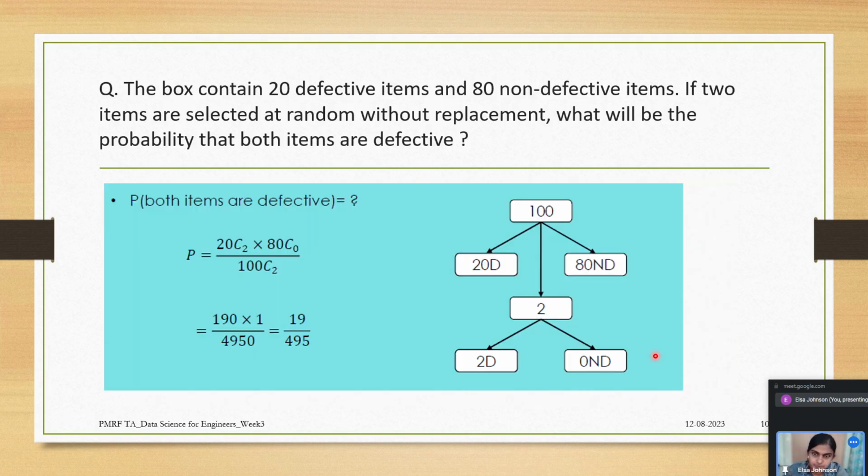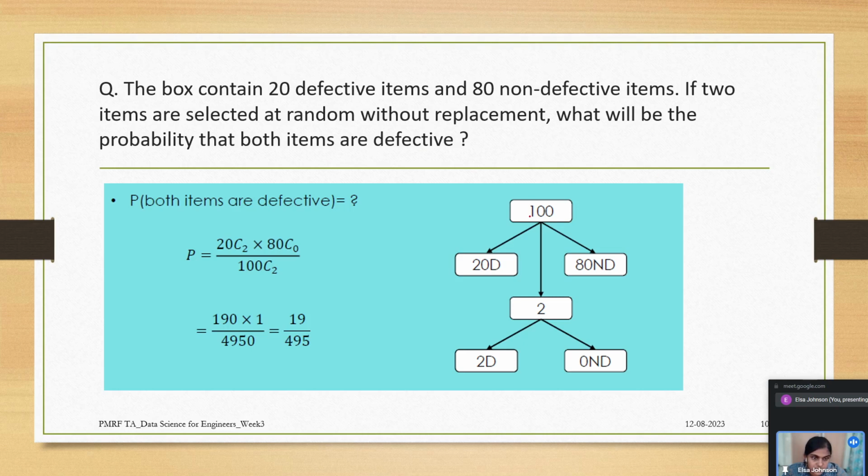Okay, so you can see an example right now. It's given as a box contains 20 defective items and 80 non-defective items. We are selecting 2 items without replacement. What will be the probability that both items are defective?